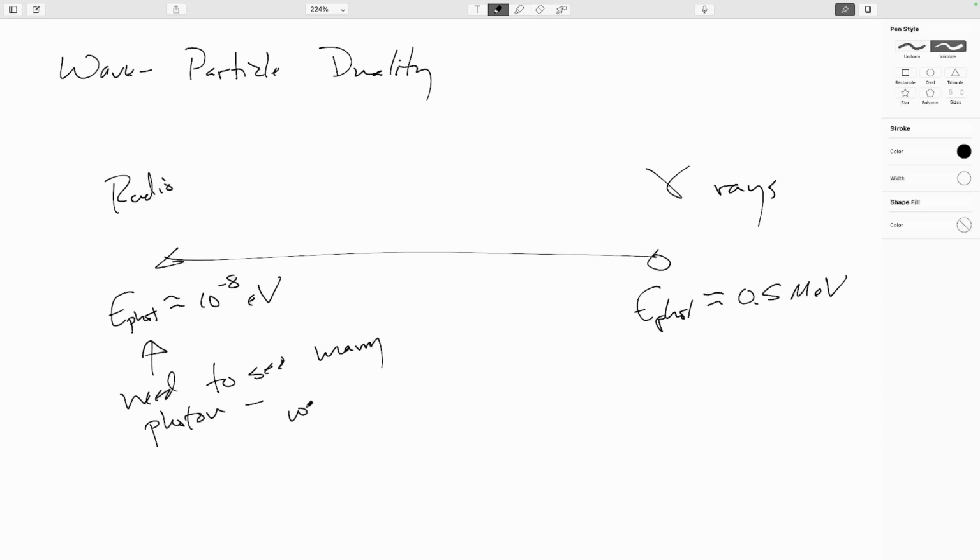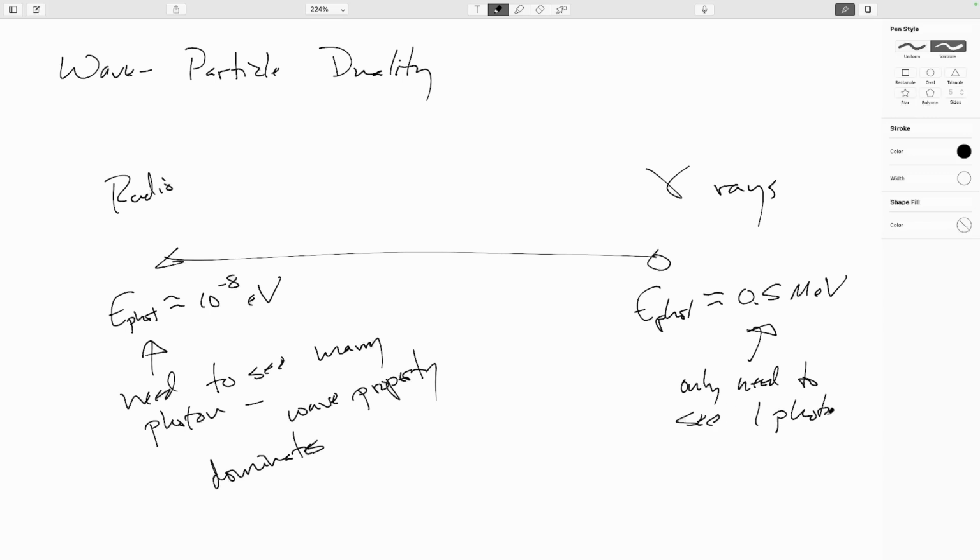So the wave property here will dominate. Over here, you only need to see one photon to see something with an energy of 500,000 eV. So over here, the particle property dominates.